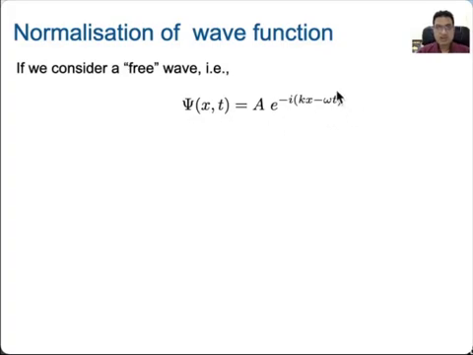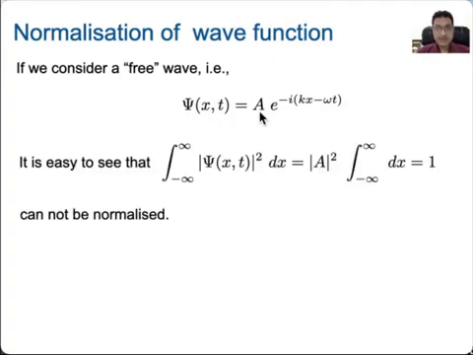Let's consider another example. This is a wave function for a free particle or free wave, which we have seen, and we will see more about it in coming lectures. Let's check whether this wave function is normalizable and what is the possible value of A. It is easy to see that when you substitute this value, the e to the power minus i and e to the power plus i will cancel out, and there will be no function which depends on either x or t.